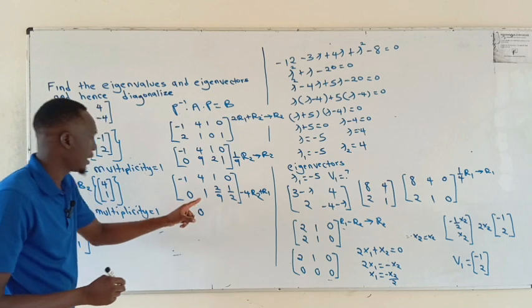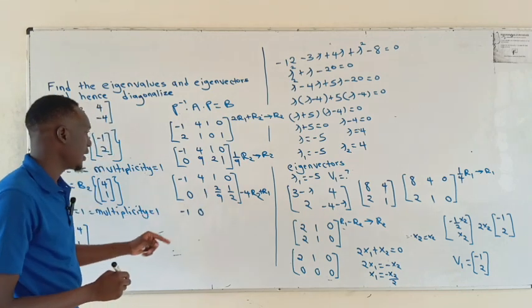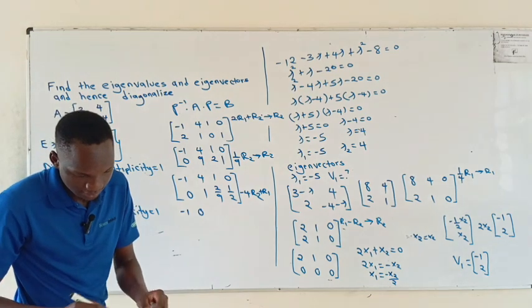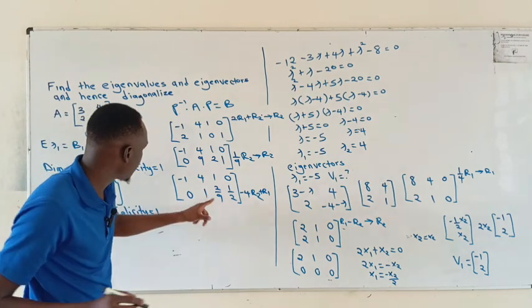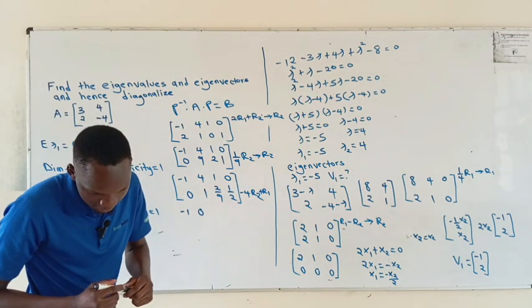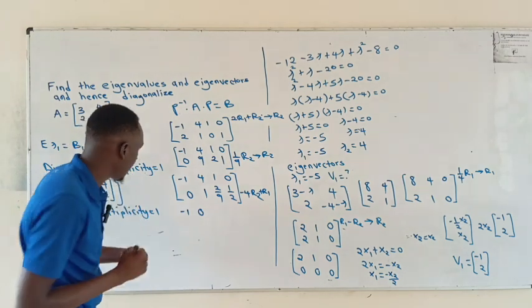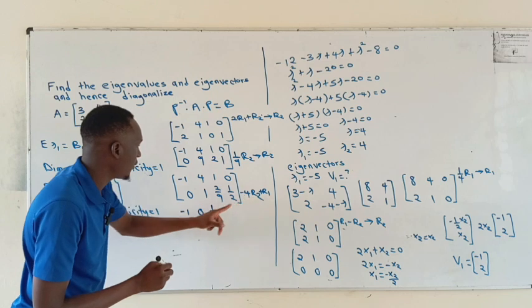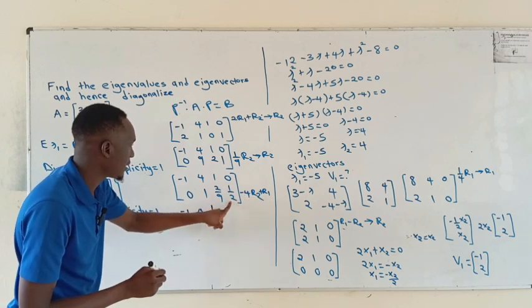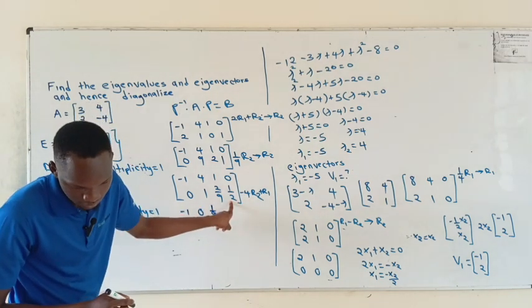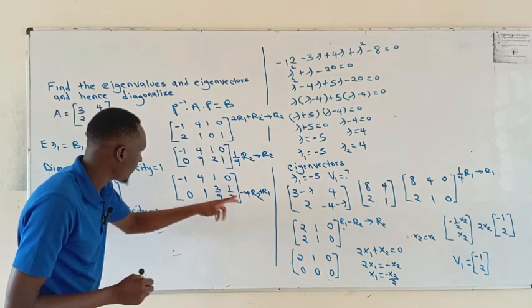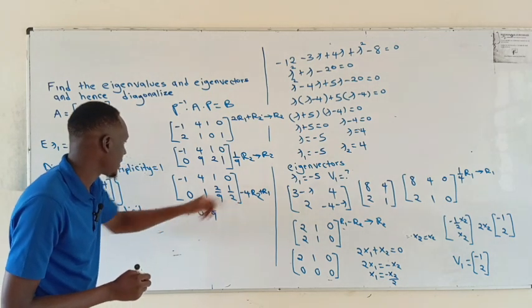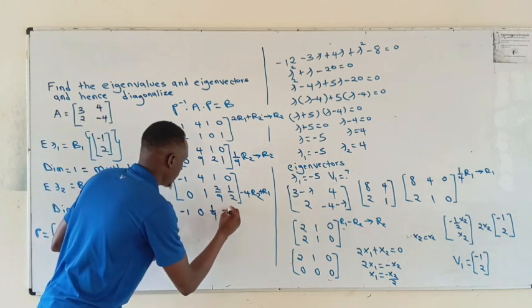Negative 4 times 2 over 9 is negative 8 over 9. Then negative 4 times 1 over 9 is negative 4 over 9, plus 0 is negative 4 over 9.